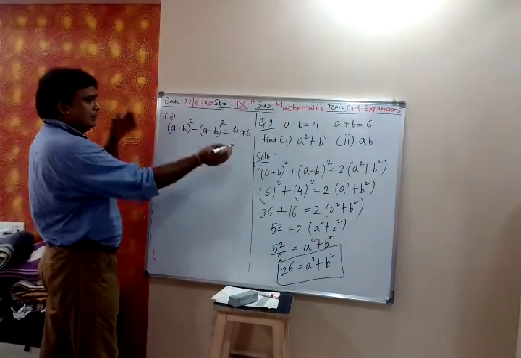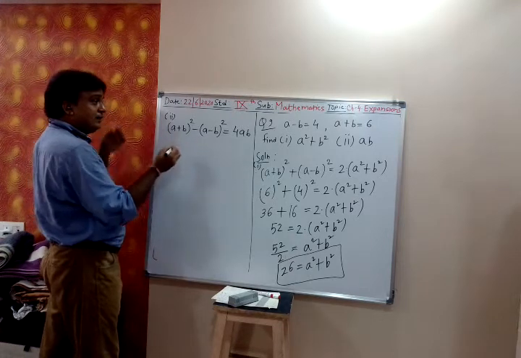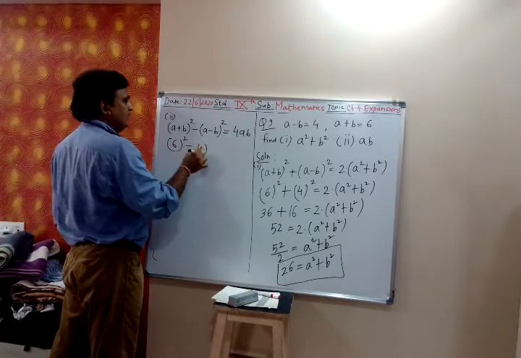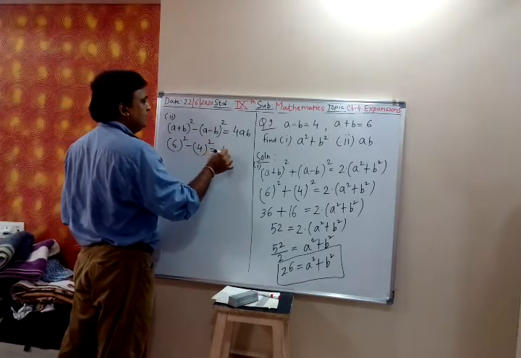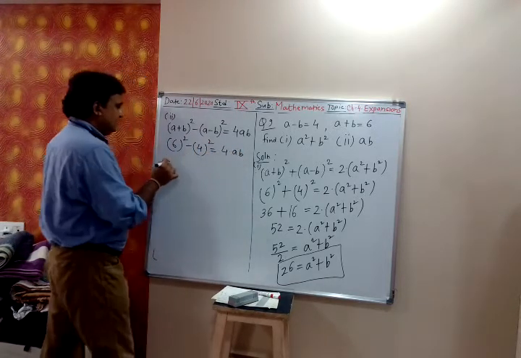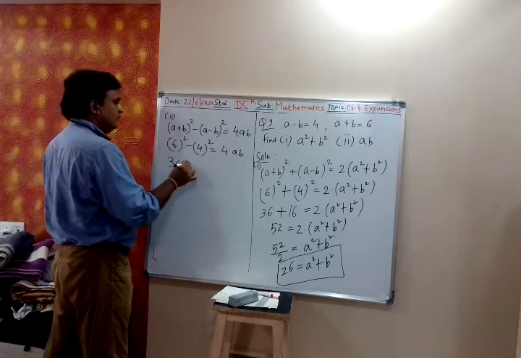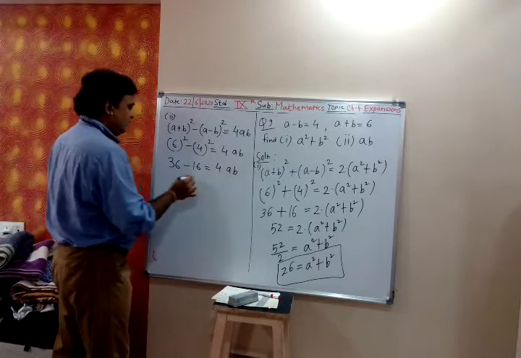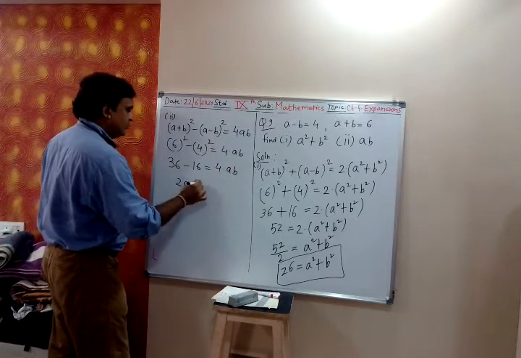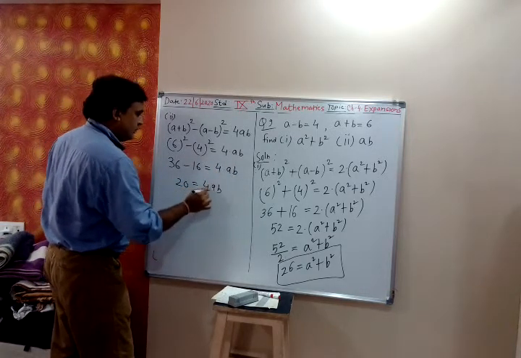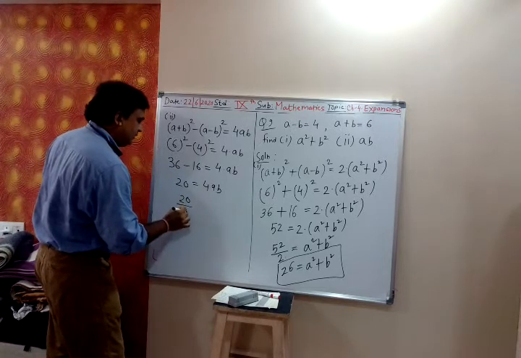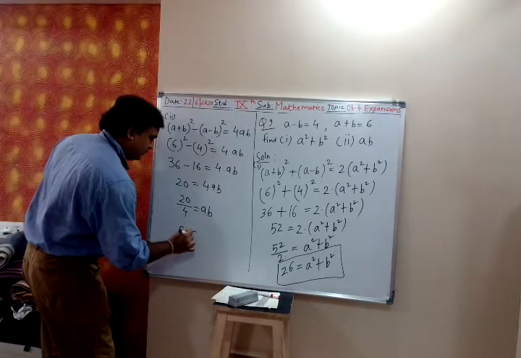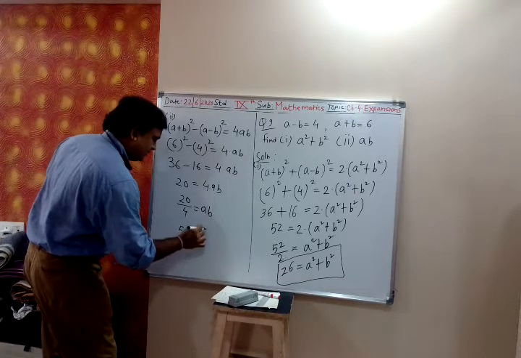So a plus b value is given, 6 square minus 4 square is equal to 4ab. 6 square 36 minus 16 is equal to 4ab. So 20 is equal to 4ab. So 20 upon 4 is equal to ab. So you will get 5 is equal to ab. So ab is 5.